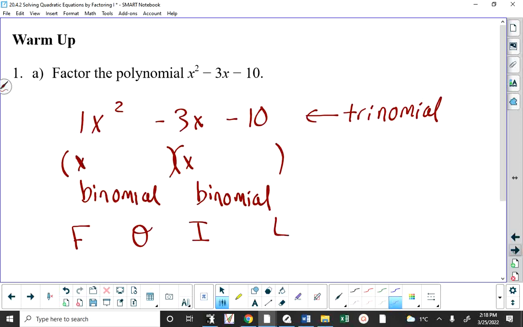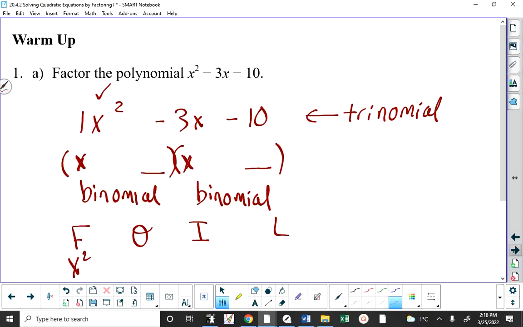If this is an x and this is an x, then your first will be x squared, which is what we want. So whenever you're factoring a trinomial that has one x squared at the beginning, it's going to factor into two binomials that have x and x in the beginning. Now, whatever numbers we put here and here have to multiply to give the negative 10.